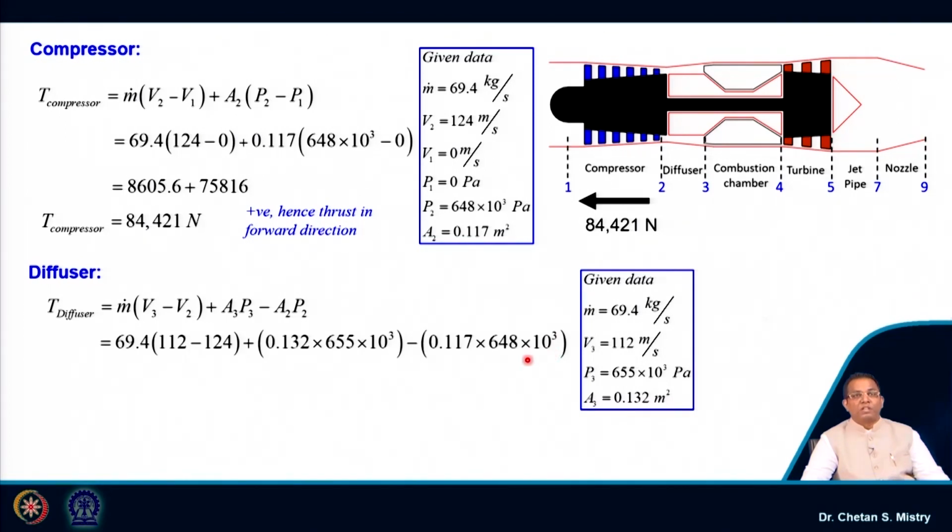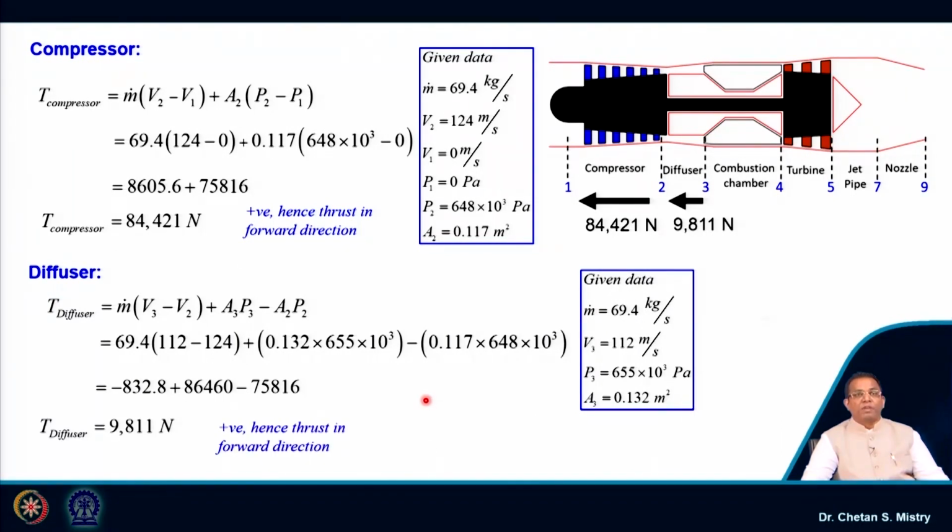If we put these numbers, the thrust by this diffuser is coming out 9811 Newton. Again this is having positive magnitude, meaning we can say this is representing the thrust in a forward direction.